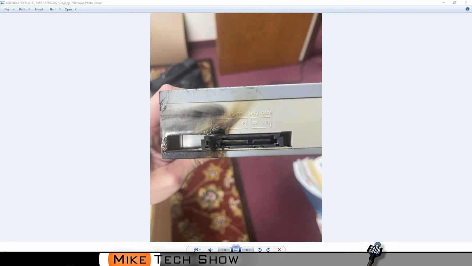This reminds me of a story years and years ago when I first started messing with computers, and I had my 8088 clone, and we were just working with hard drives, and I was able to have this SCSI hard drive, and I plugged the SCSI cable incorrectly into the back of the drive.